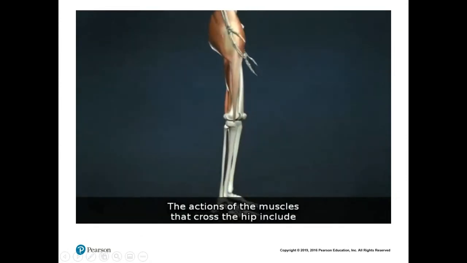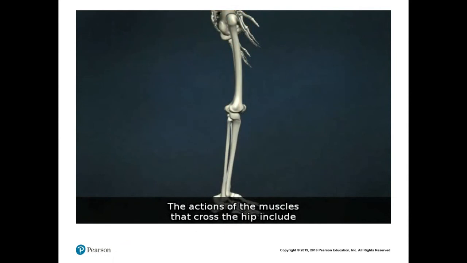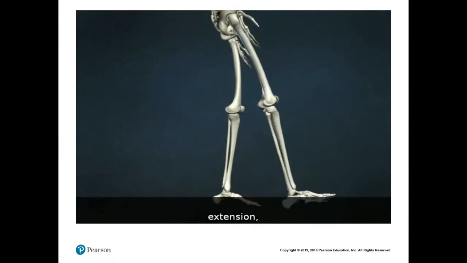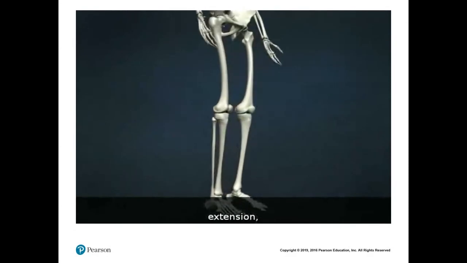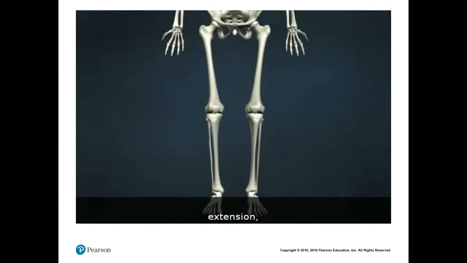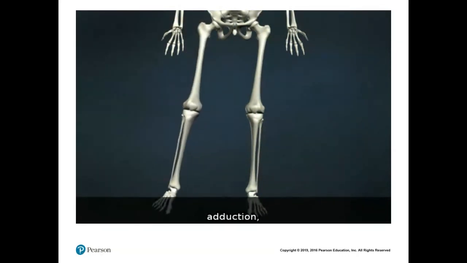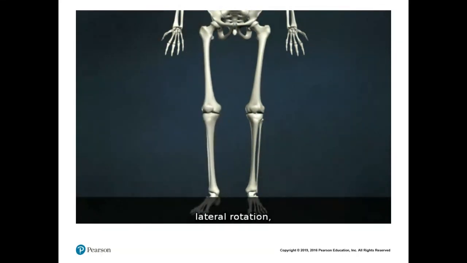The actions of the muscles that cross the hip include flexion, extension, abduction, adduction, lateral rotation, and medial rotation.